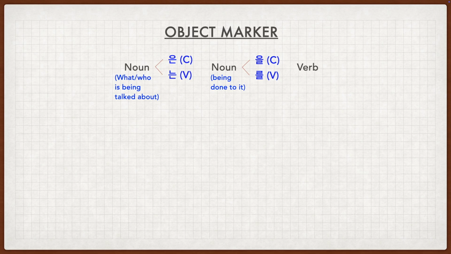Let's make some sentences together. Number one, I want to say, Mr. Minsu is eating breakfast. When we address a person, we can attach 씨 after the person's name. So 민수 씨. And 민수 씨 is the person we want to talk about. So we have to attach the topic marker 는. 민수 씨는, and is eating breakfast. Breakfast, we can say 아침.